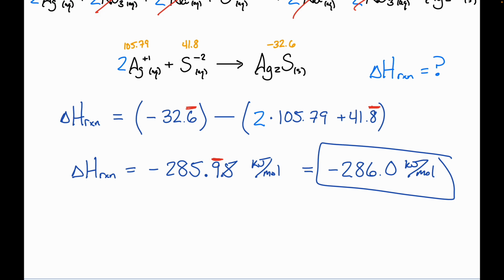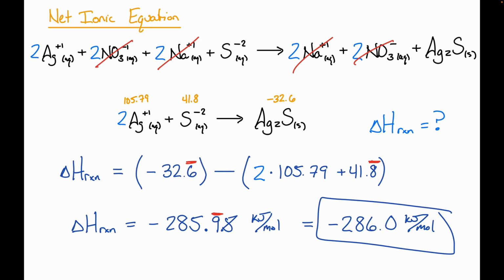Okay, so for our aqueous reactions, we talked about these net ionic equations where we went through and canceled out these spectator ions. That's because these spectator ions didn't participate in that chemical reaction at all. So our net ionic equation shows us what's really happening in our chemical reaction. Our silver ions are reacting with sulfide ions to make solid silver sulfide.